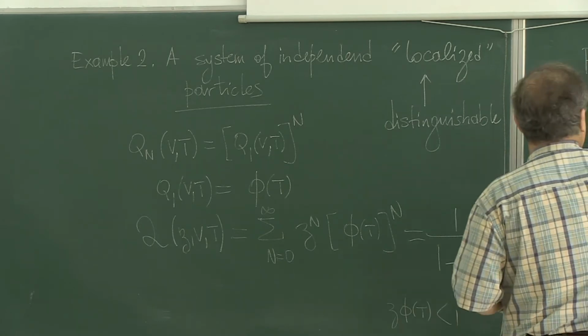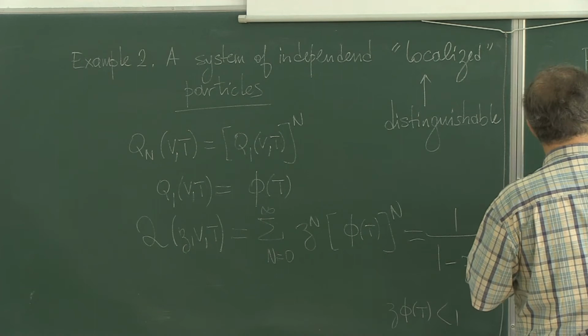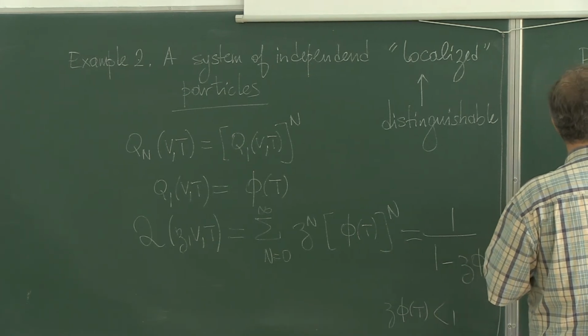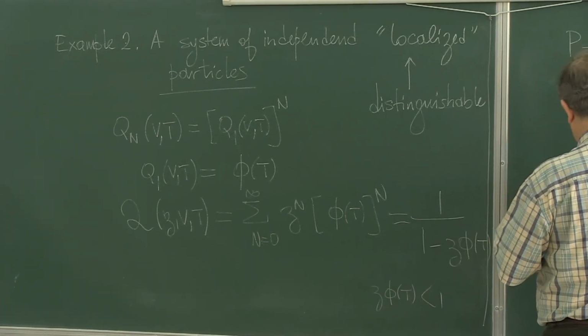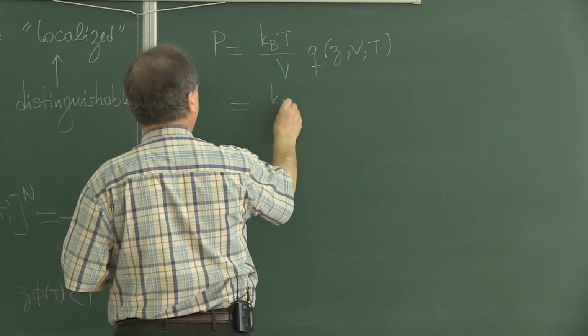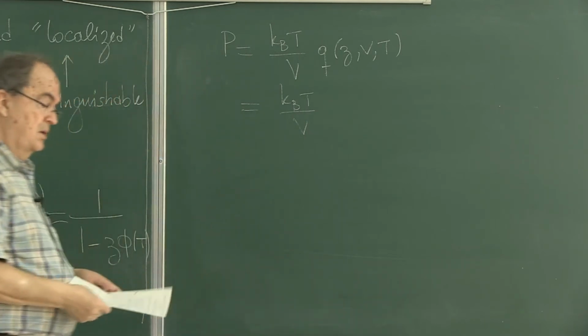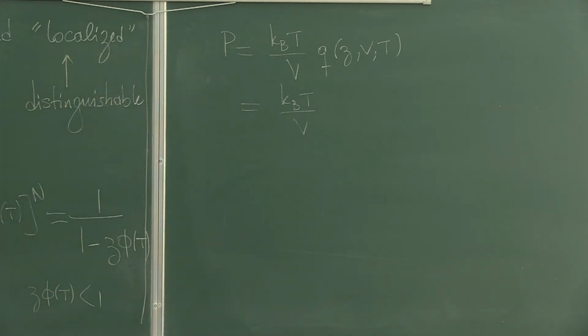The thermodynamics is quite easy to get after calculating this grand canonical partition function. Pressure, same program as you see, is k_B T over V times the logarithm of this grand canonical partition function.